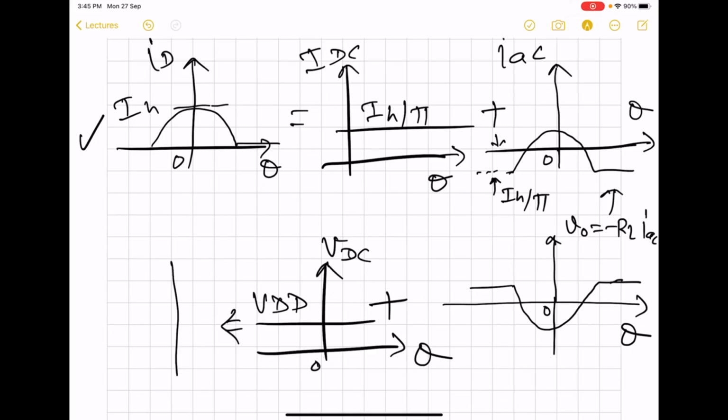So our drain voltage now will look like this. So this is the total drain voltage. So we can see the important role that LC is playing in ensuring that the output waveform is sinusoidal.